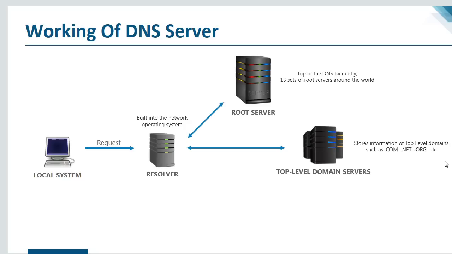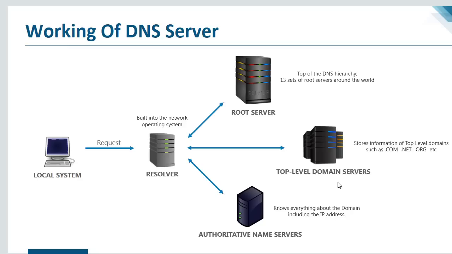So what the TLD will do is return the authoritative name server for that domain. The TLD would return this name server back to the resolver, and based on that information, the resolver would again query the authoritative name server. Now the name server is what knows everything about the domain, including the IP address.